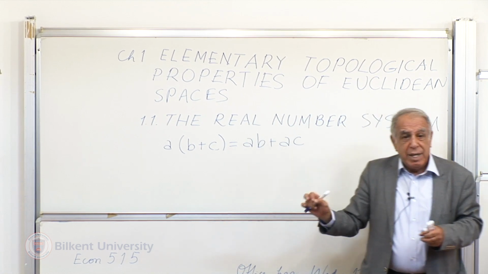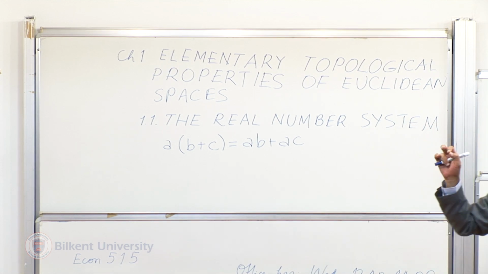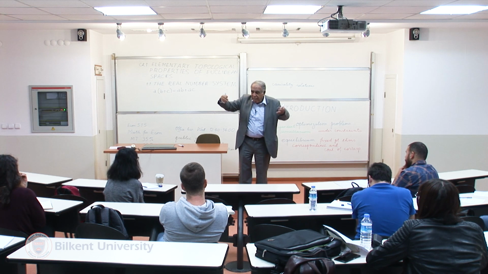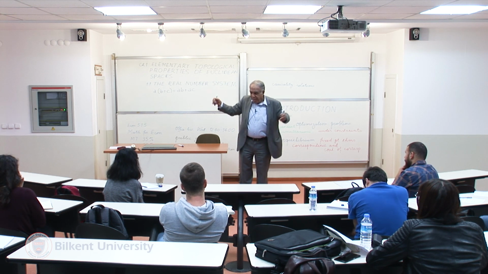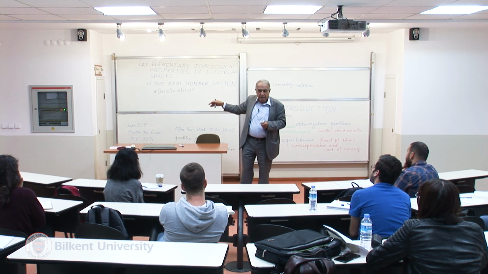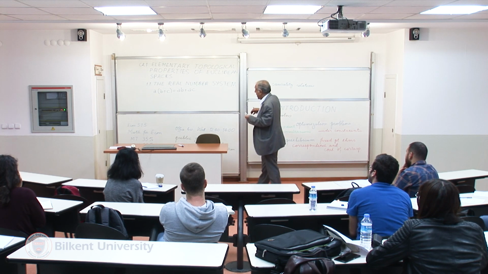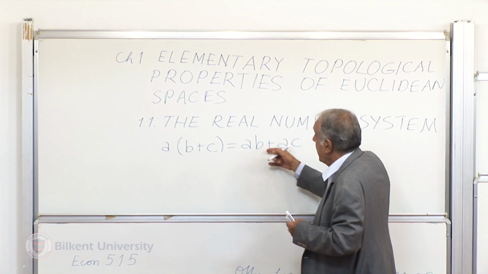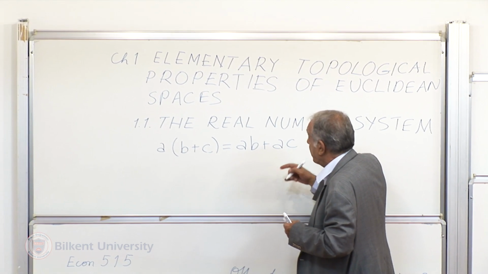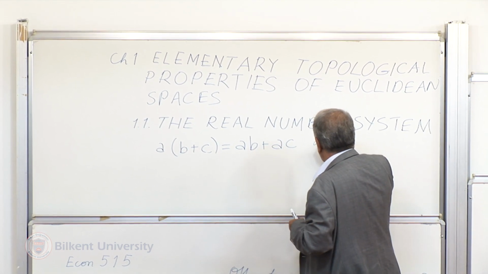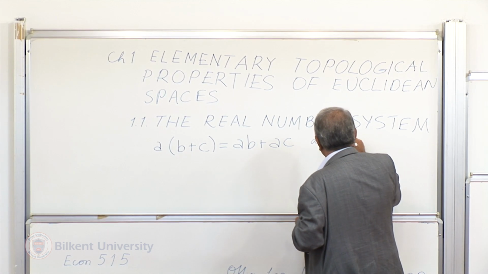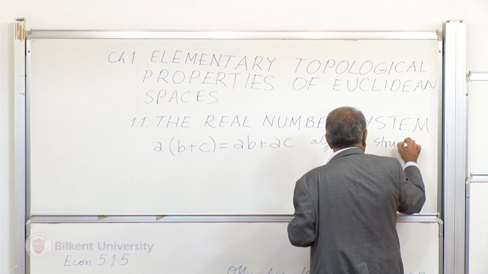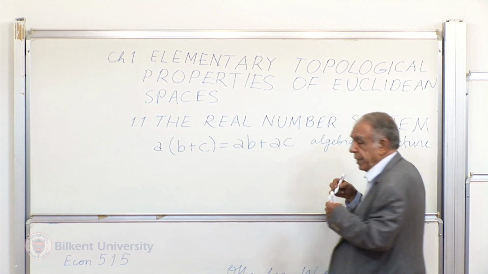But if you abstract that as a binary operation and extend that to all reals, not just the counting numbers, then this is the main connection. So addition and multiplication and their properties, together with this interconnection, we will refer to as the algebraic structure of reals.